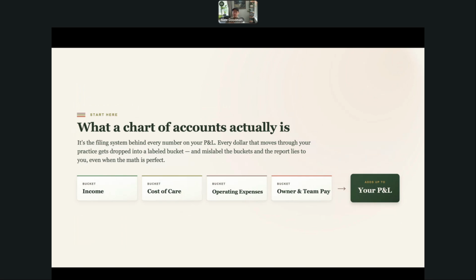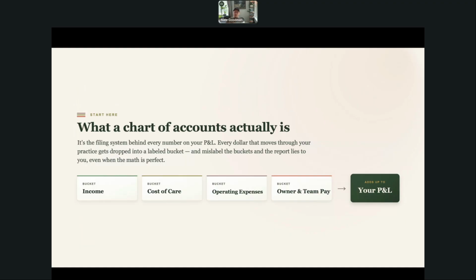So let's talk about what a chart of accounts actually is. One way to think about this is thinking about buckets. When you create accounts, you'll create them within one of these buckets. We call these types or detail types if you're in an accounting system. But you have your income, and that's all the money that comes in from selling and doing your services.